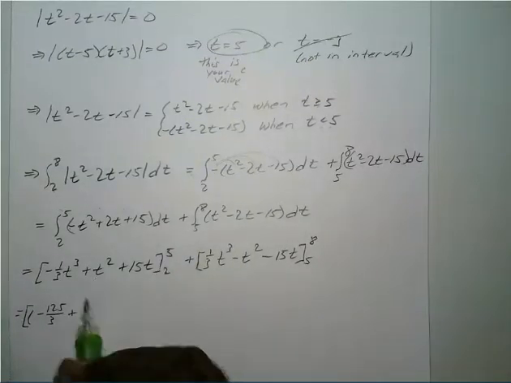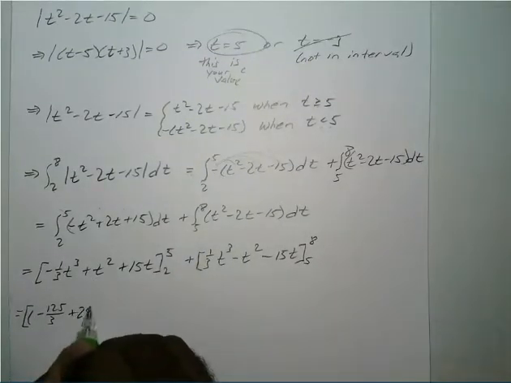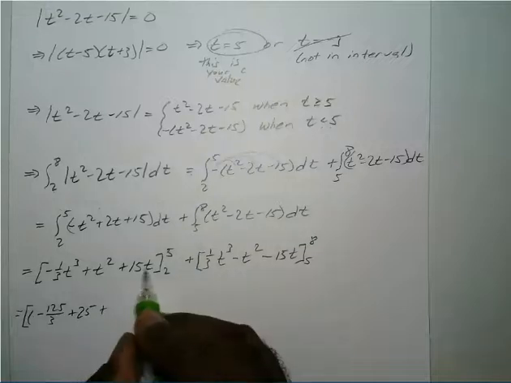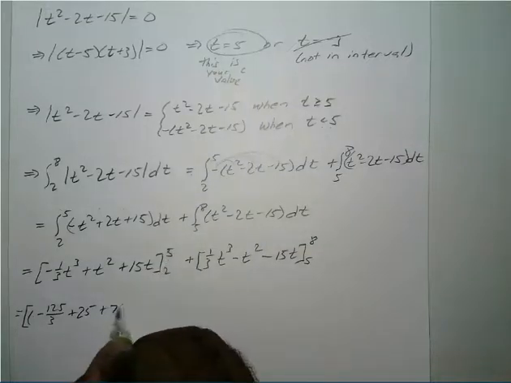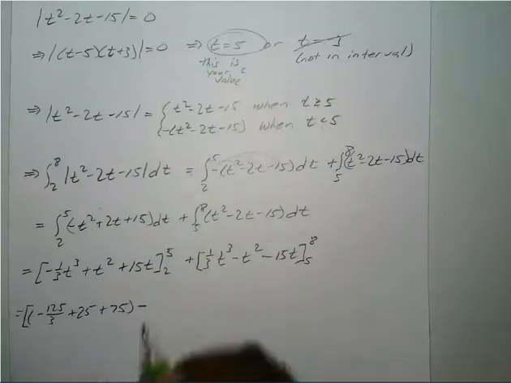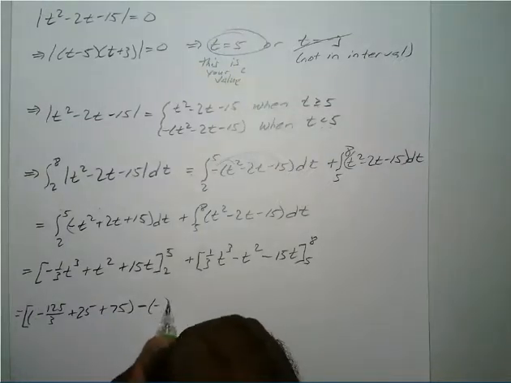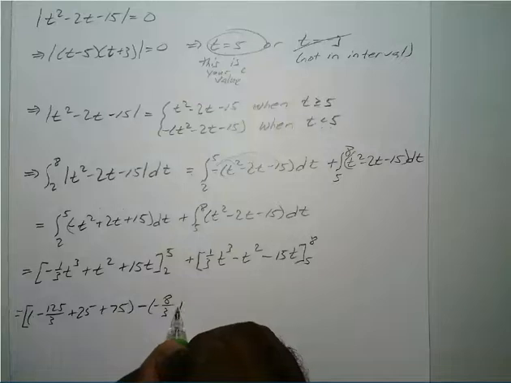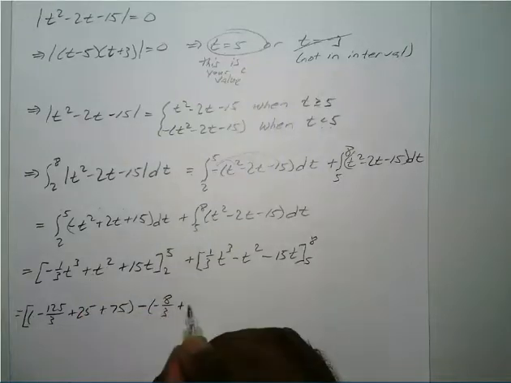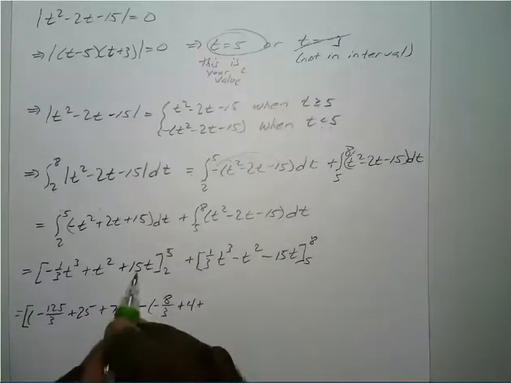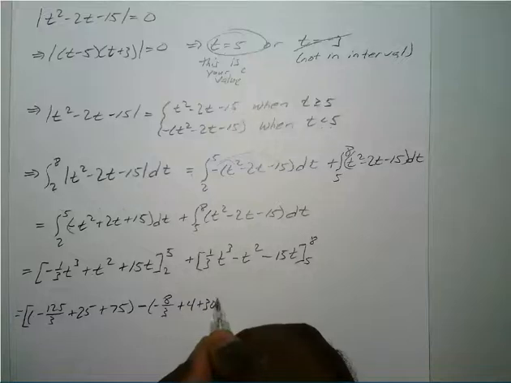Plus, we plug in our 5. We have 5 squared, which is 25. Plus 15 times 5, which is 75. Minus, now we plug in our 2. We have negative 8 over 3. Plus 2 squared, which is 4. Plus 15 times 2, which is 30.